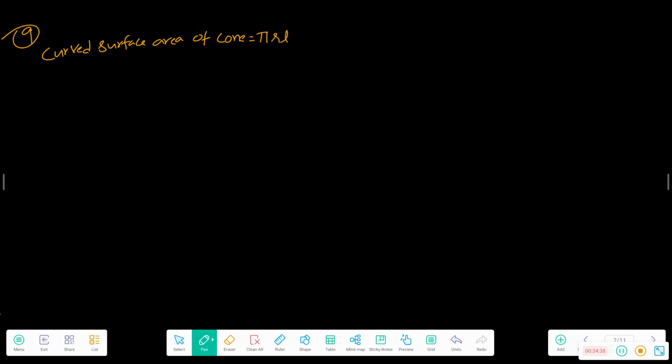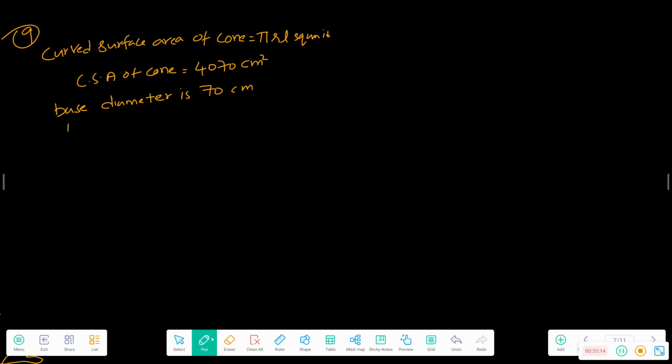It is pi r L square units, and CSA of cone is given as 4070 centimeter square. Now the base diameter is 70 centimeter.